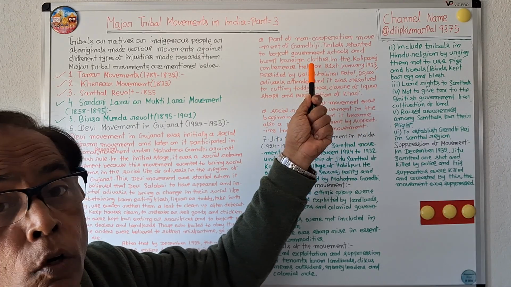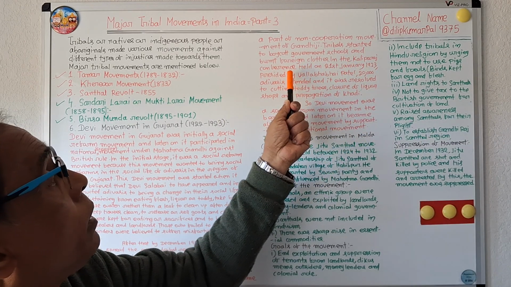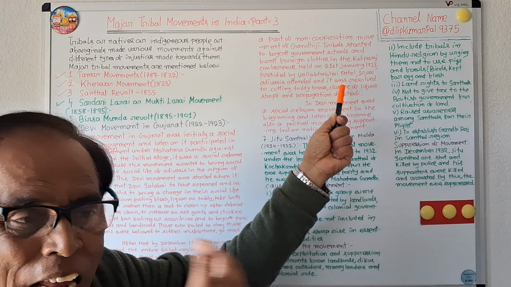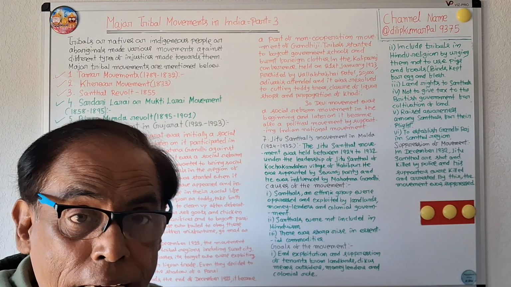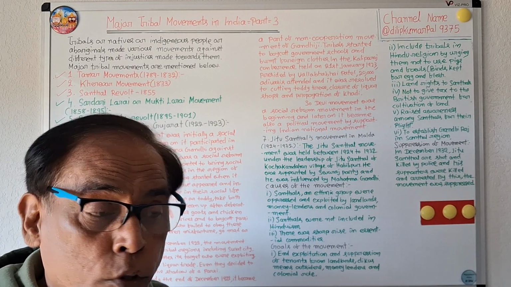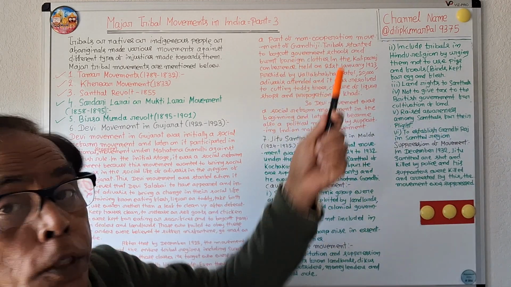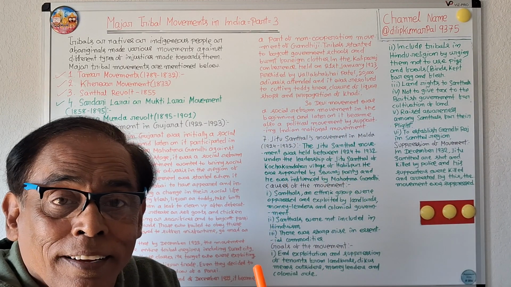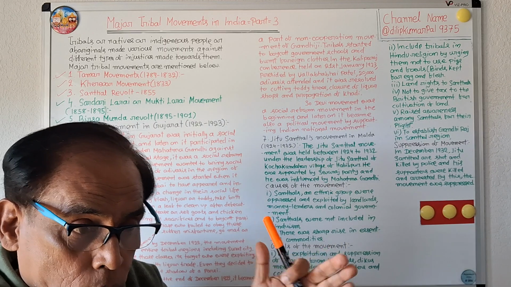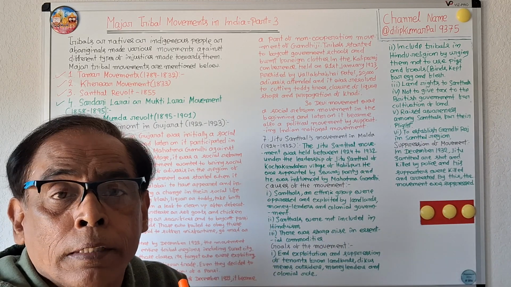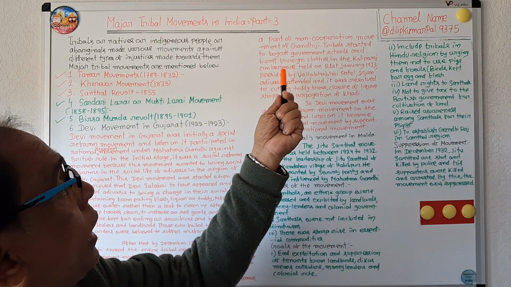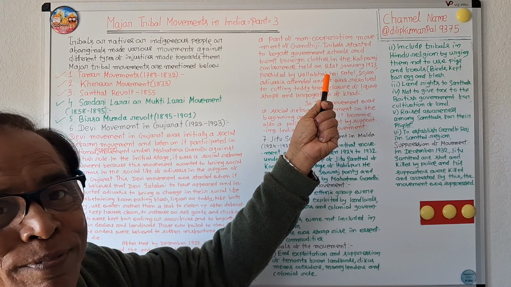Tribals started to boycott government schools and burn foreign clothes. The members of this movement started to boycott government schools and burned foreign clothes.